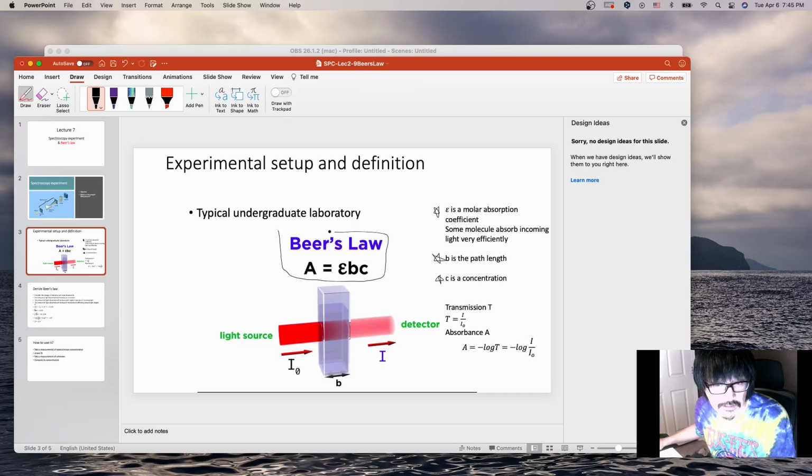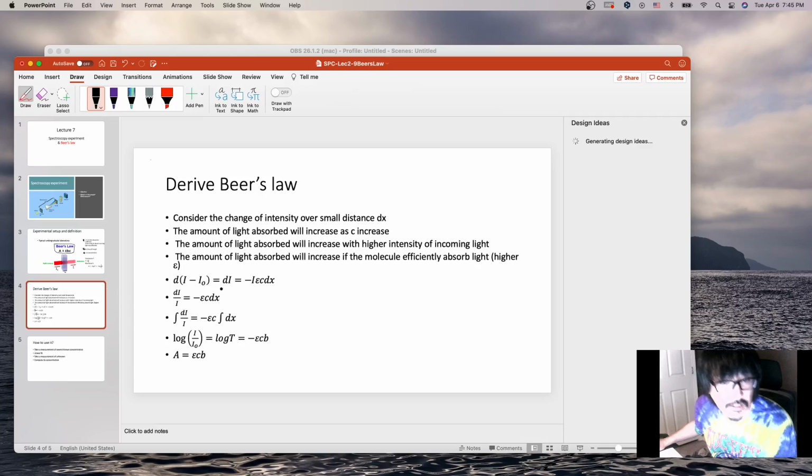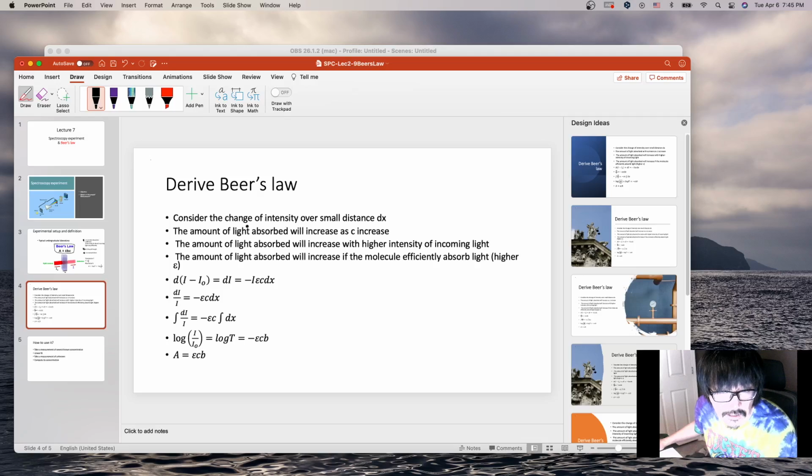So let's just try to derive it, just because this is a PChem class. We have talked about the changing intensity of the incoming light to the light that passes through the sample, right? So consider the change of intensity over a very small distance dx.